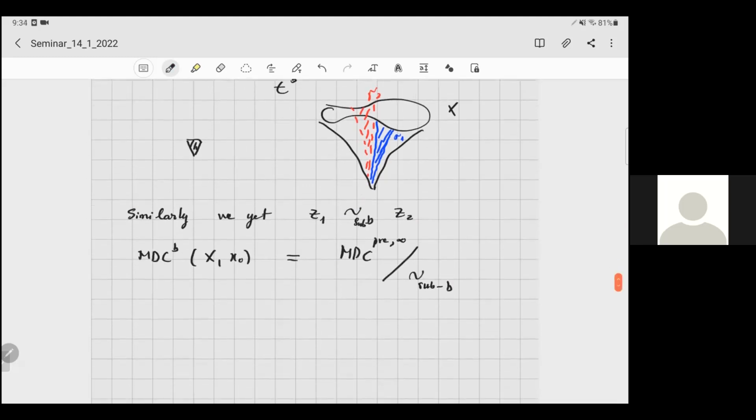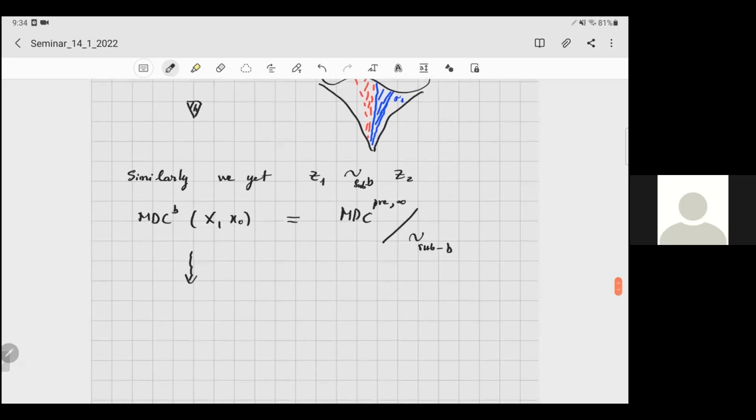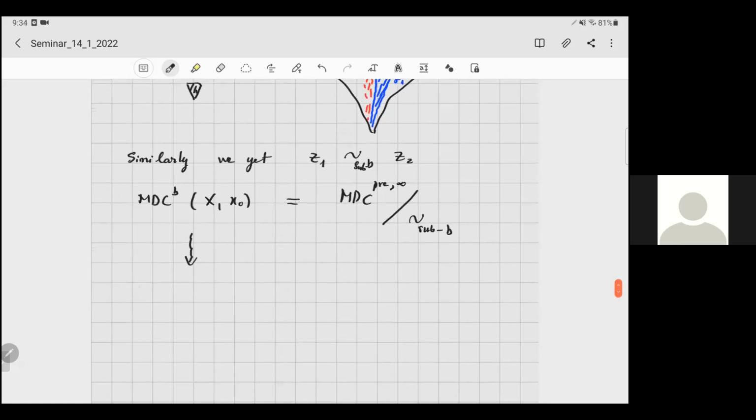Together with the boundary map, we get the notion of MD homology b of x0. To have the full information, we have to put the base point here.